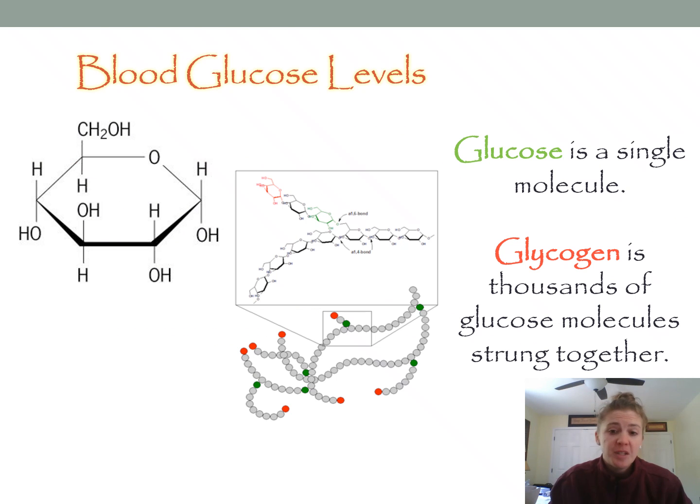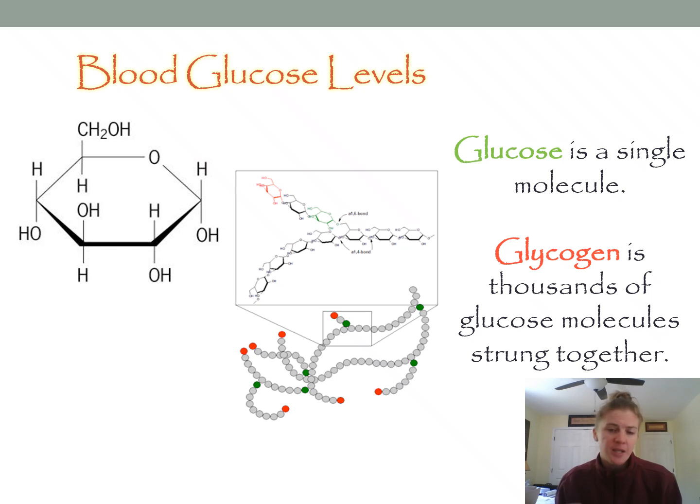Let's talk about some basic definitions. So glucose is one single sugar molecule. All right, and our cells can only uptake one sugar molecule at a time. Now, our body also has the ability to store glucose in the form of glycogen. So when we have extra, our liver and our muscle tissues will store the extra glucose.